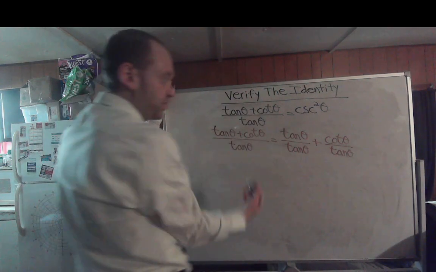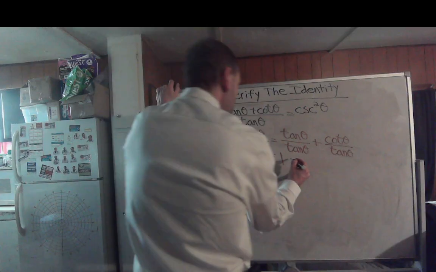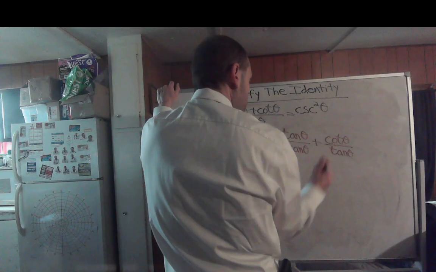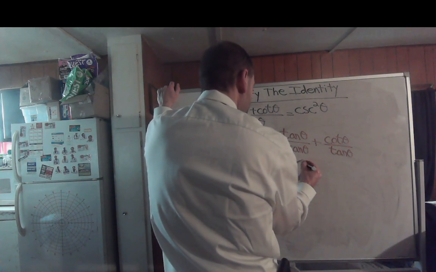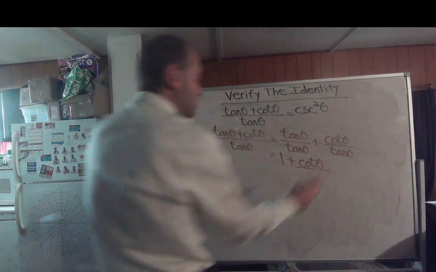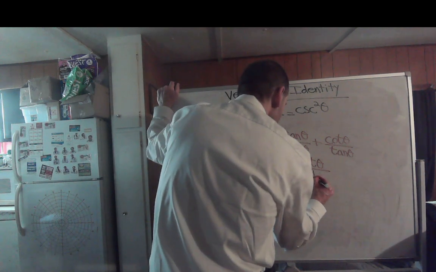So what's tangent of theta divided by tangent of theta? That's just 1, right? Plus, okay, we have a cotangent of theta in the numerator, but what about the denominator? Isn't tangent the exact same thing as 1 over cotangent?